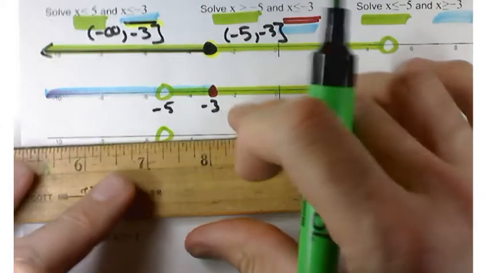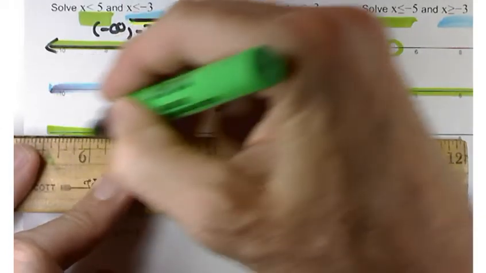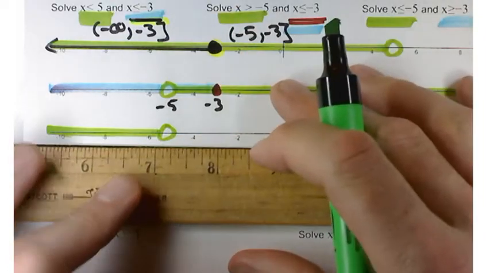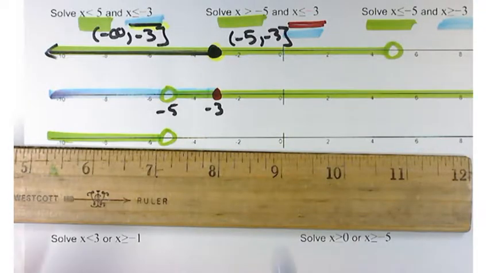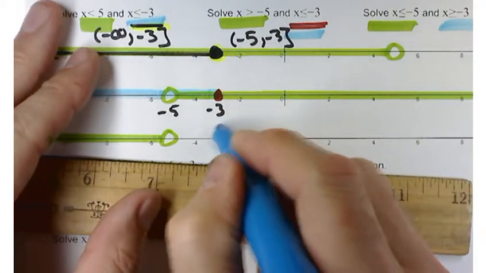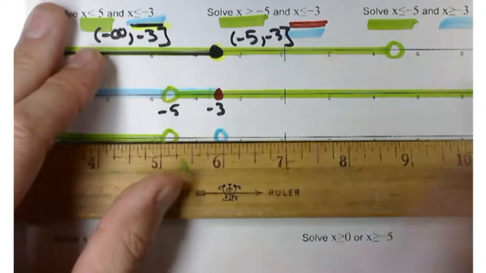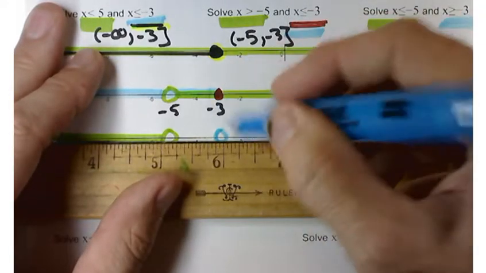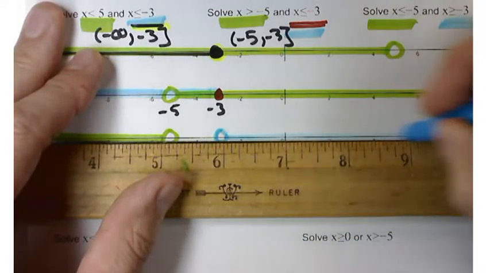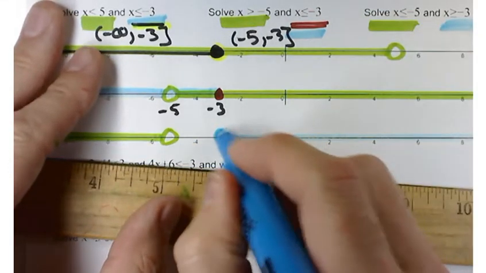Arrow to the left. And then -3. Which way does the arrow go on this one? To the right. So let's draw this out to the right. Yeah, this should be a solid dot. Thank you.